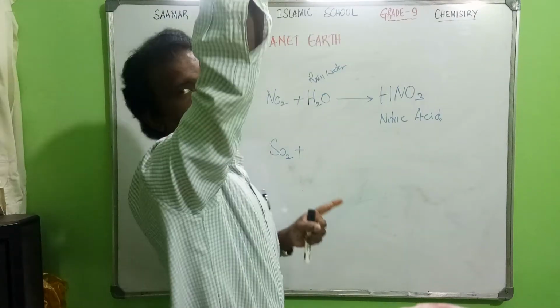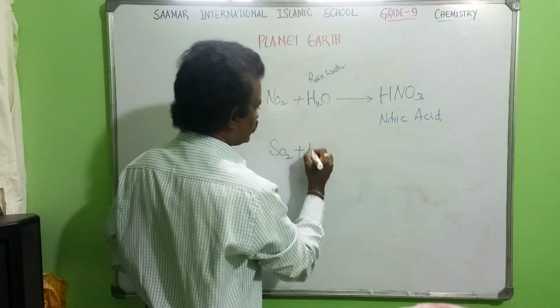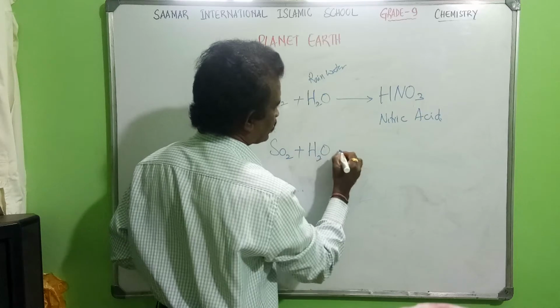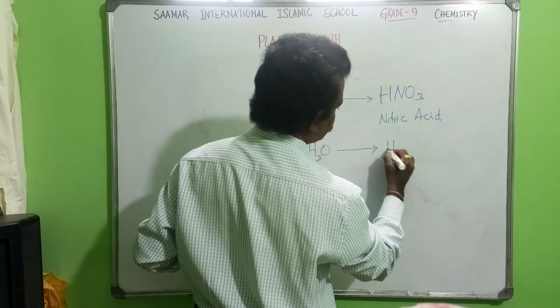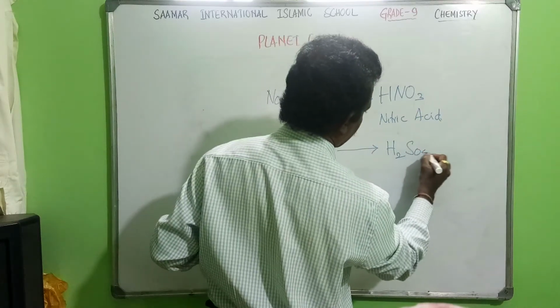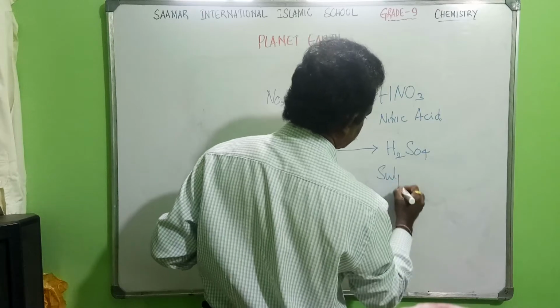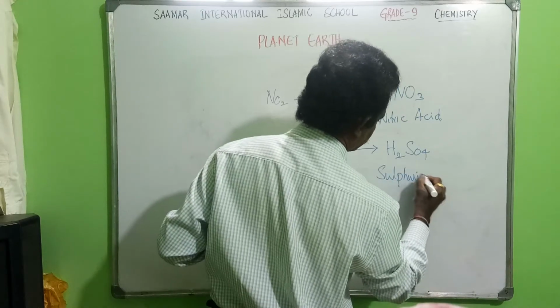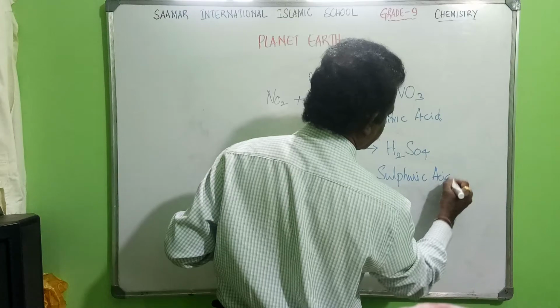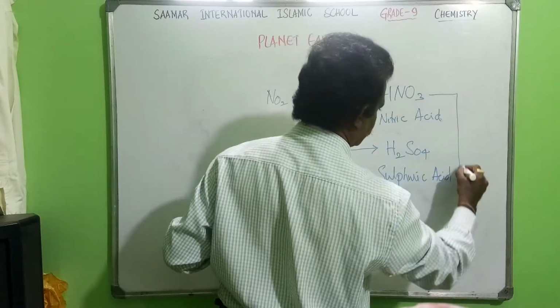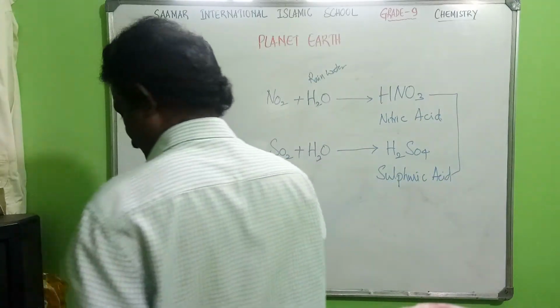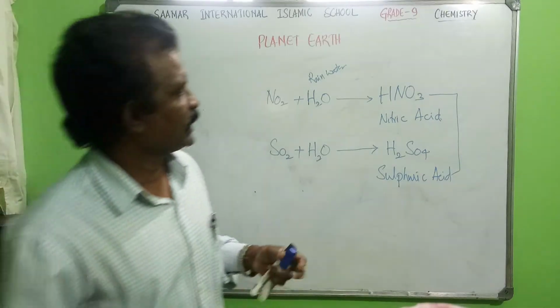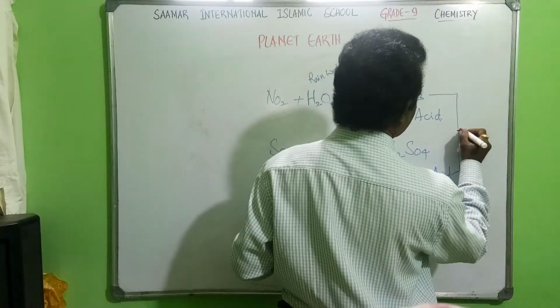This again reaches the stratosphere, reacts with the rainwater, and forms sulfuric acid, H2SO4. What is this called? Sulfuric acid. Clear? This nitric acid and sulfuric acid together we call acid rain. What do we call them? Acid rain.